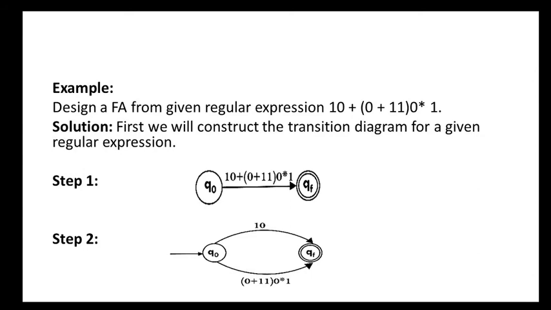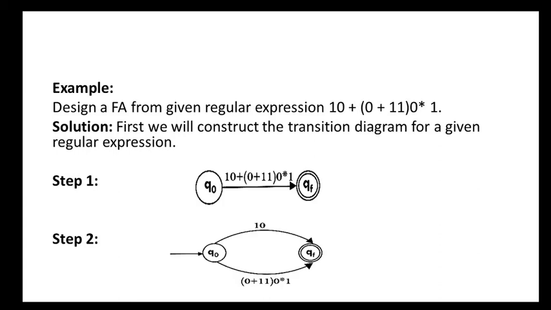The solution: we will construct the transition diagram. How to solve this? First we will construct the transition diagram for the given regular expression. How to write a transition diagram? First, Q0 is the start state, QF is the final state. We have to take the regular expression. Second step, the regular expression is divided. We have to convert that into NFA, that is 10 plus the rest.